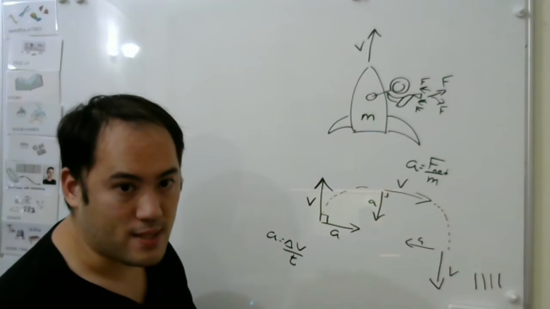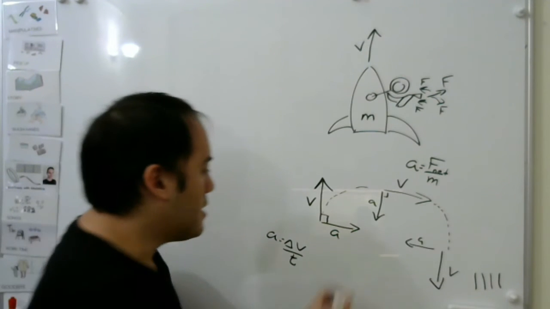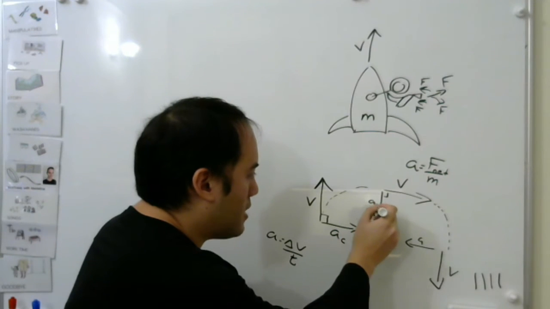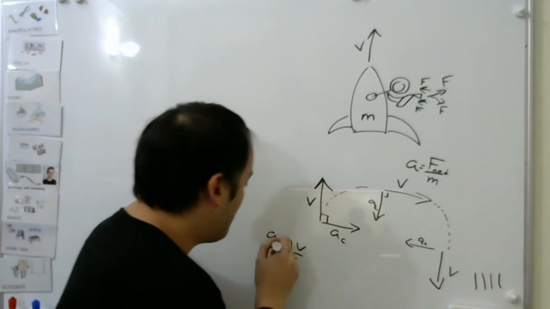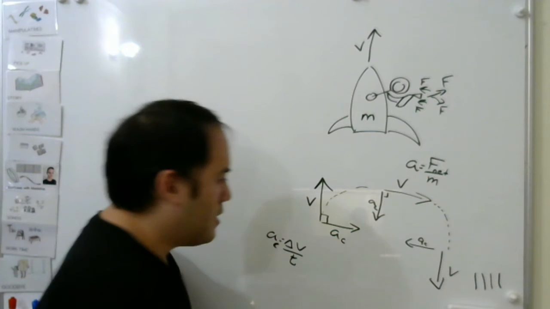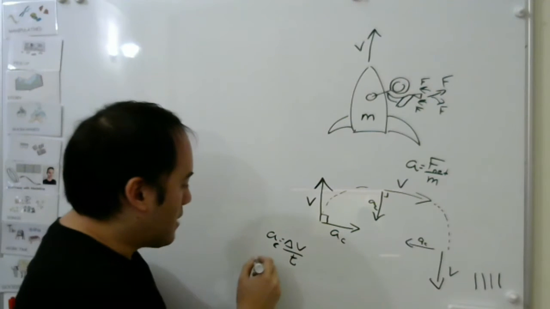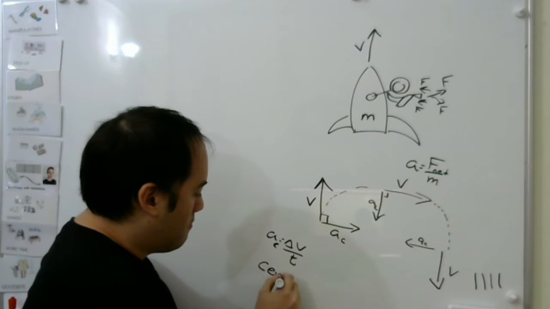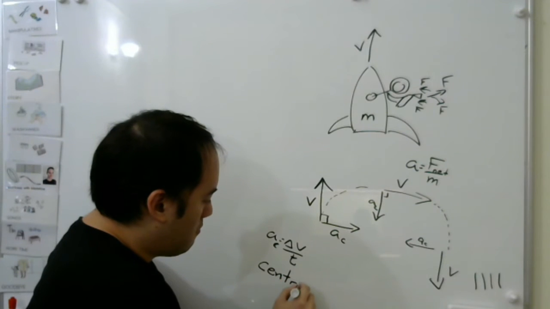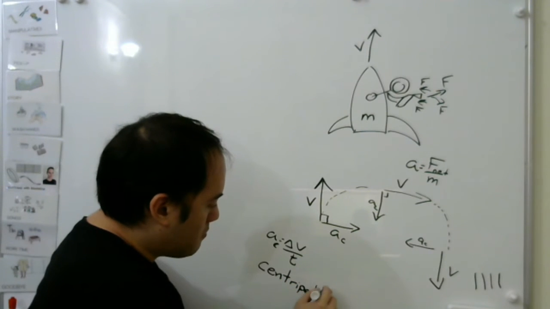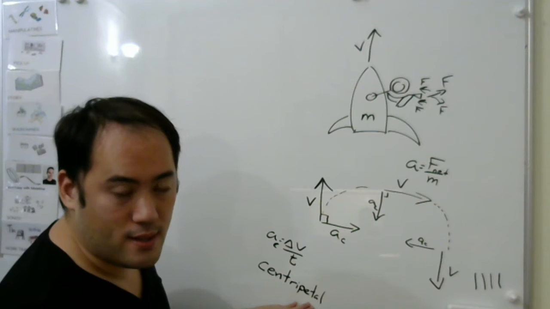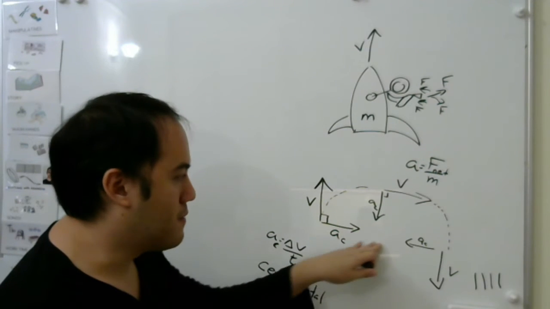For reasons we'll come back to later, this acceleration is called centripetal acceleration. I'll tell you right now, it's called centripetal acceleration because centripetal means toward the center of the circle.